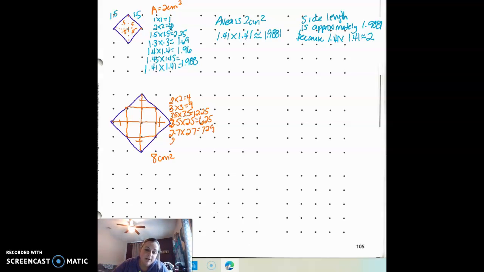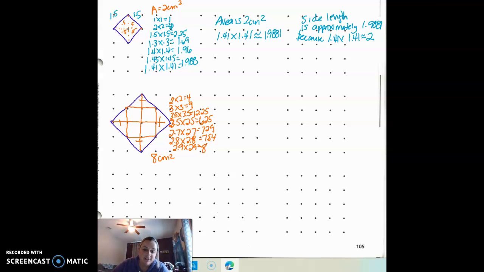So then I try 2.8 by 2.8, which gives me 7.84. Ooh, even closer. What if I did a 2.9 by 2.9? Oh, now we're too big. So it's got to be between 2.8 and 2.9.